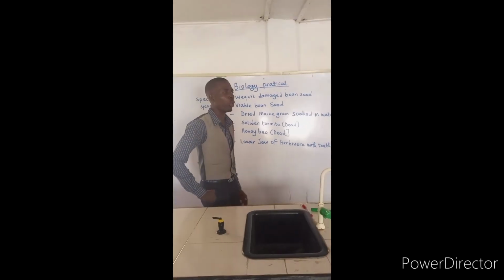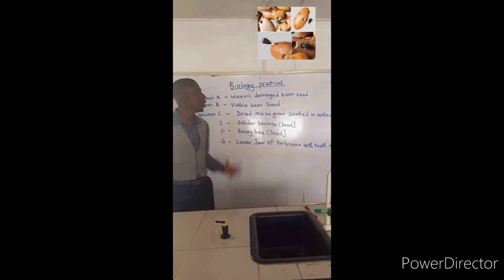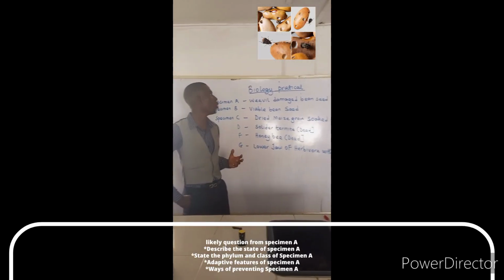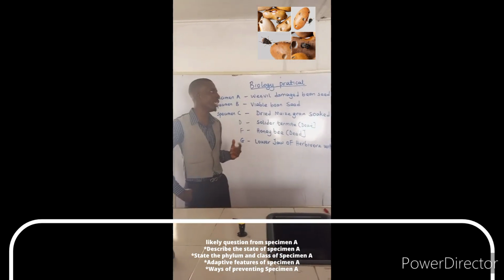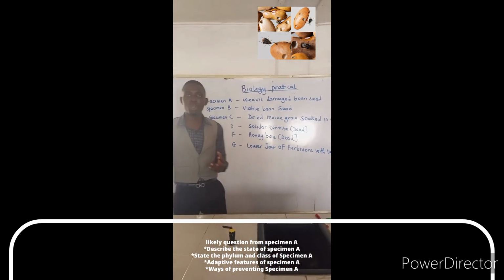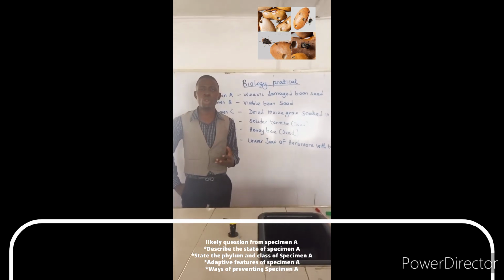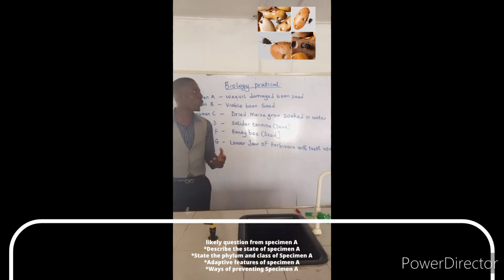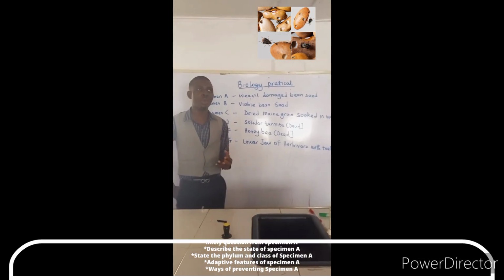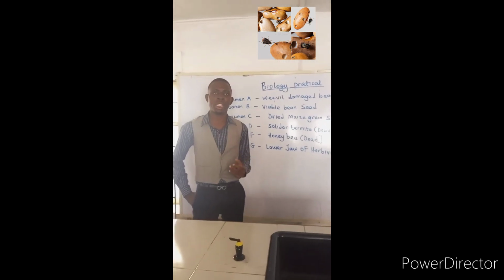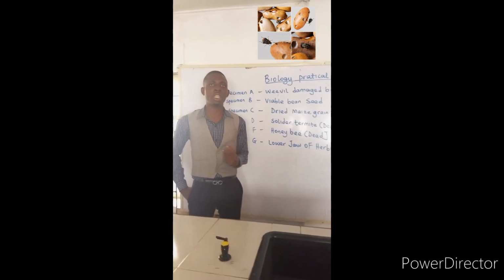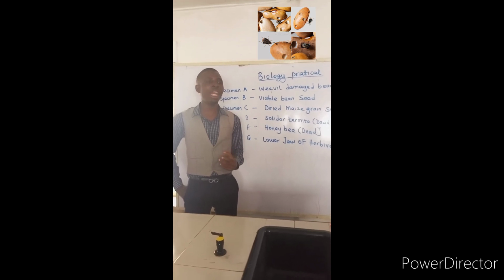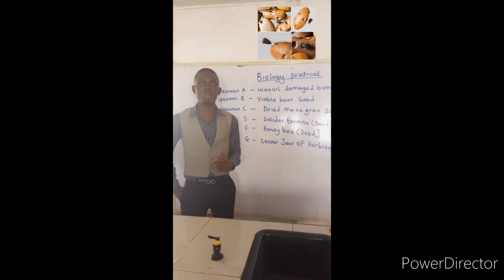Now, the likely question that can come from this practical can be: number one, identify specimen A. They can ask us to write a brief description of how specimen A looks. What we are expected to do is describe the physical features of specimen A. Specimen A is beans that is affected by weevil.